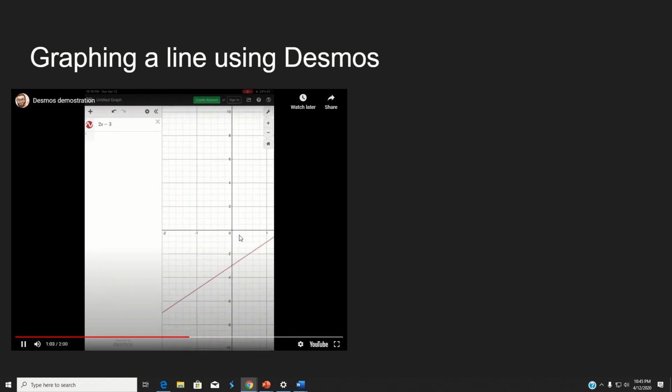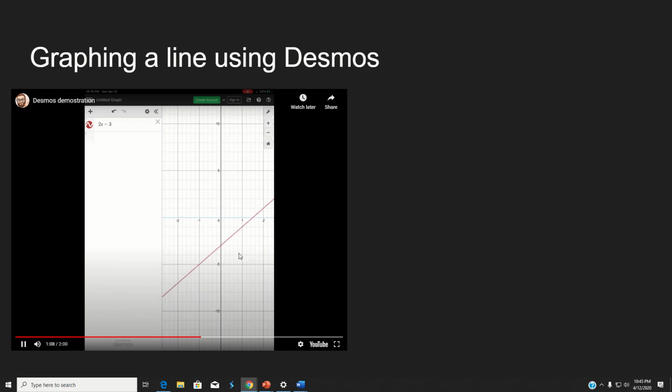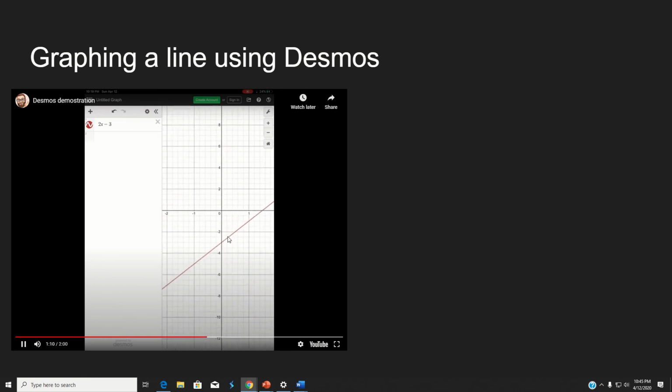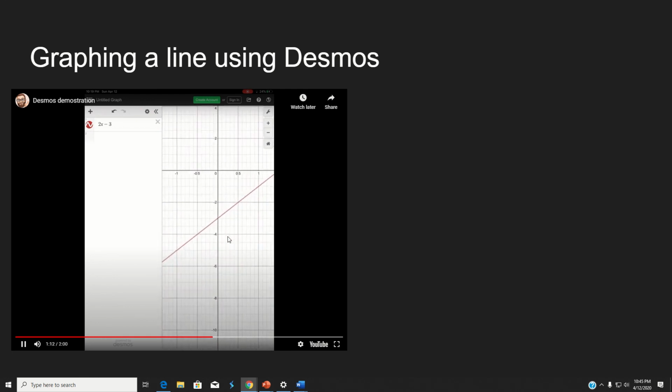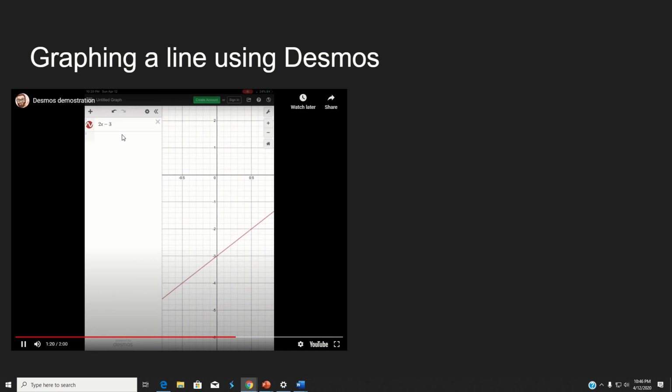This way, we can look into more details in the graph. Like for example, let's say I want to look where the y-intercept is actually at. So I move closer to where I think that point is at, and as you can see, -3, which corresponds to the -3 in the formula, is the y-intercept.